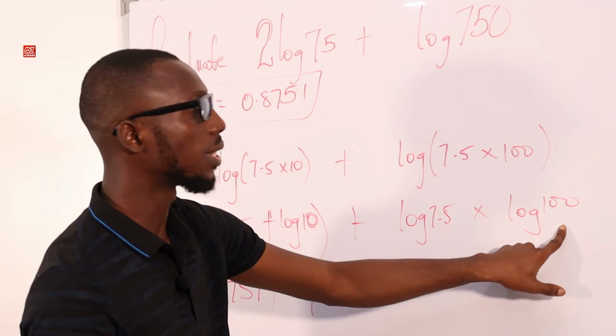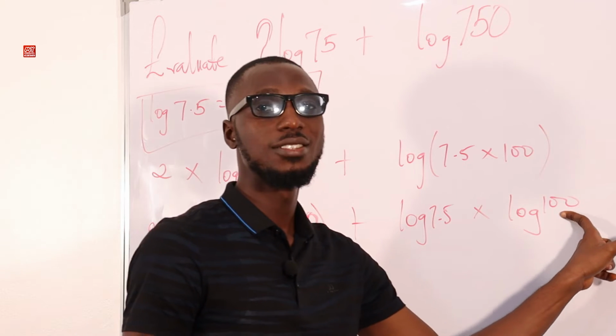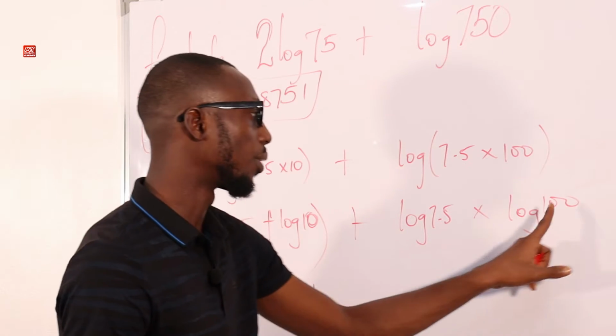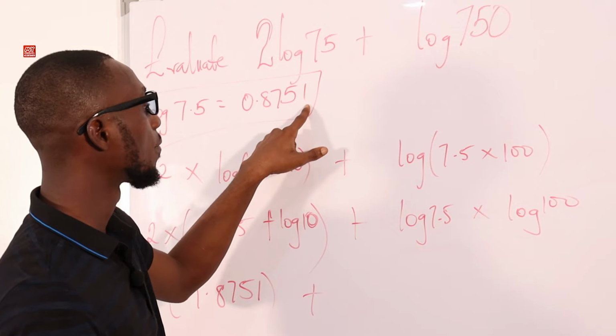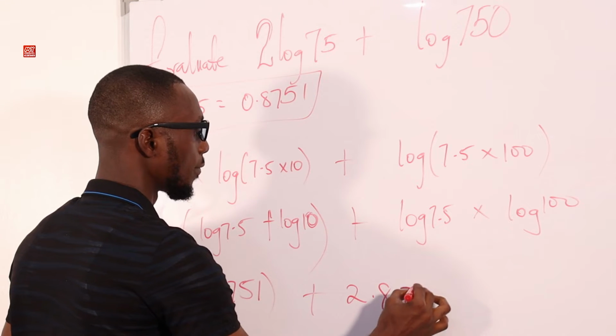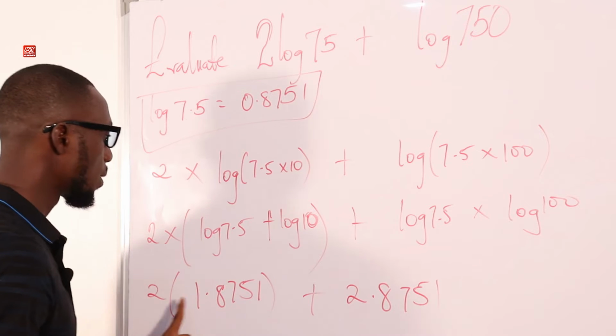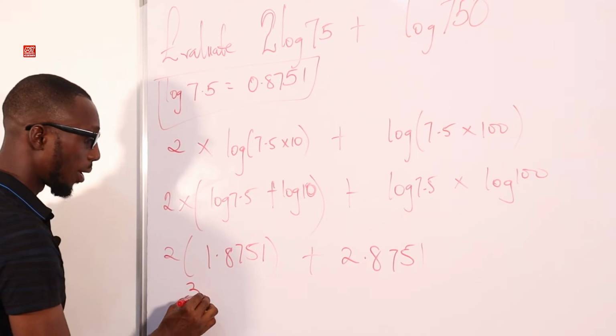Log base 10 of 100 is 2. So 2 plus 0.8751 will be 2.8751.